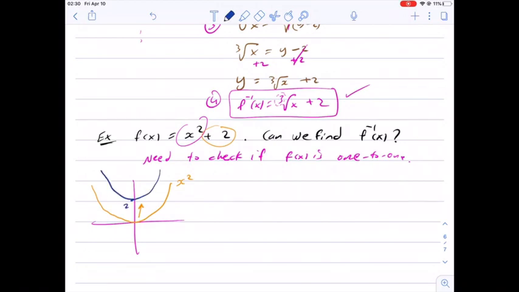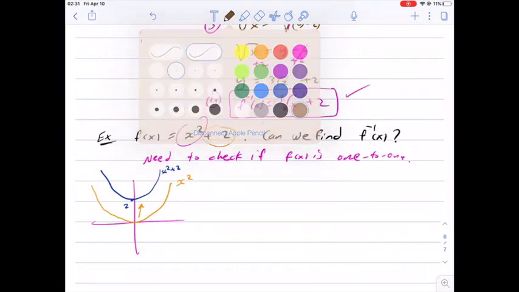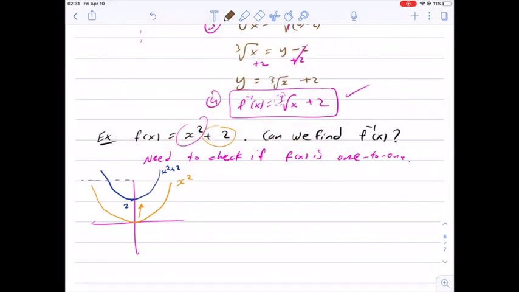So the graph looks like this, x squared plus 2, the blue curve. So if you try some horizontal lines, you find that this horizontal line intersects the graph in 2 points, not in 1 point.